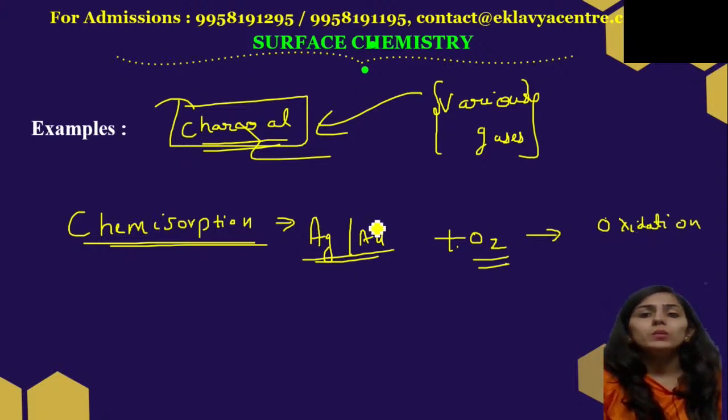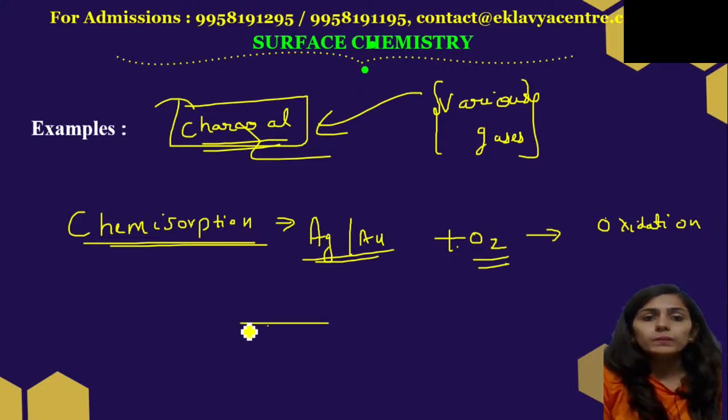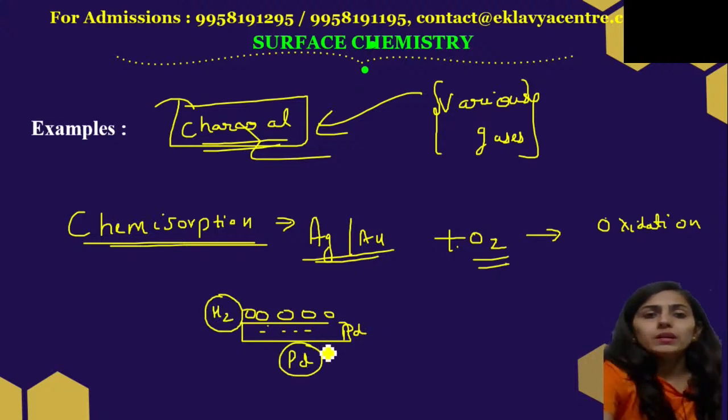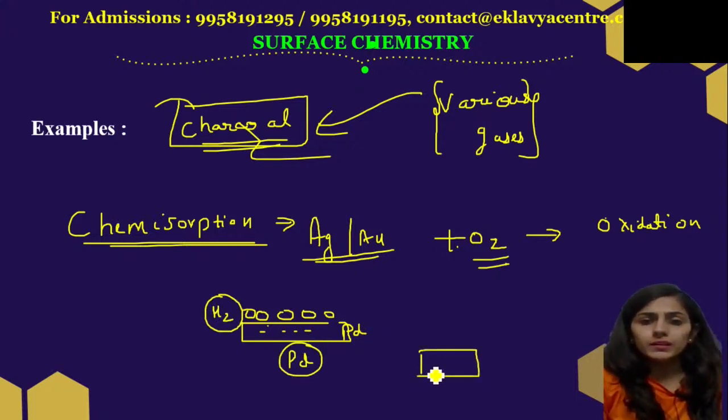Next, we know a very famous catalyst you must have studied in class 11th also. We get the adsorption of H2 molecules on the surface of palladium, right? Last, suppose this is graphite, which means carbon.